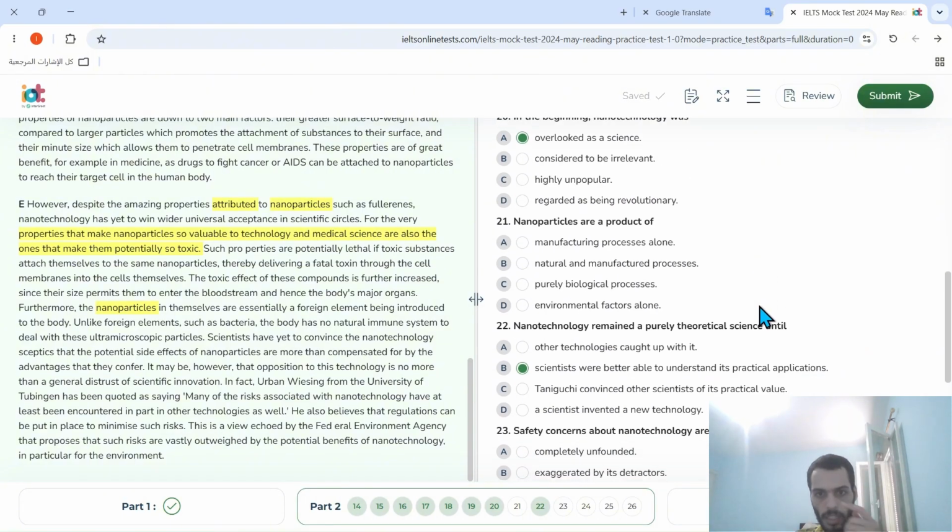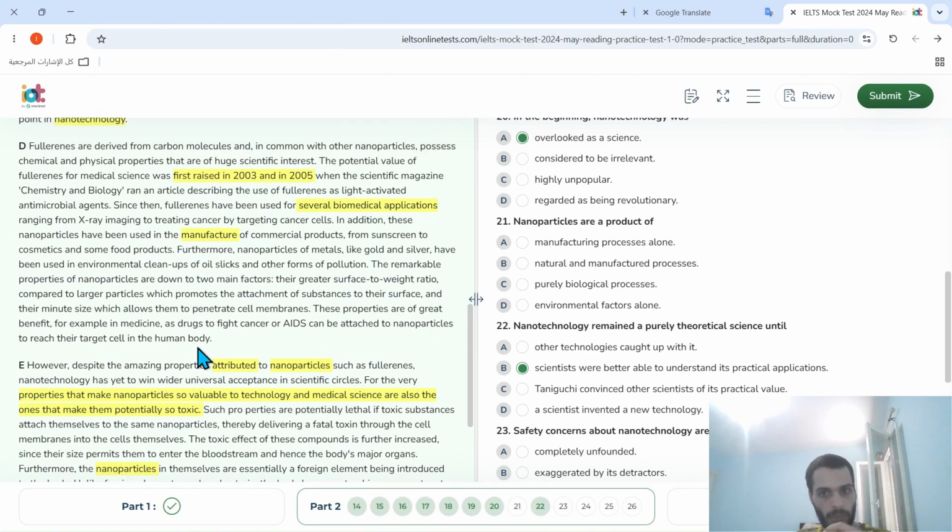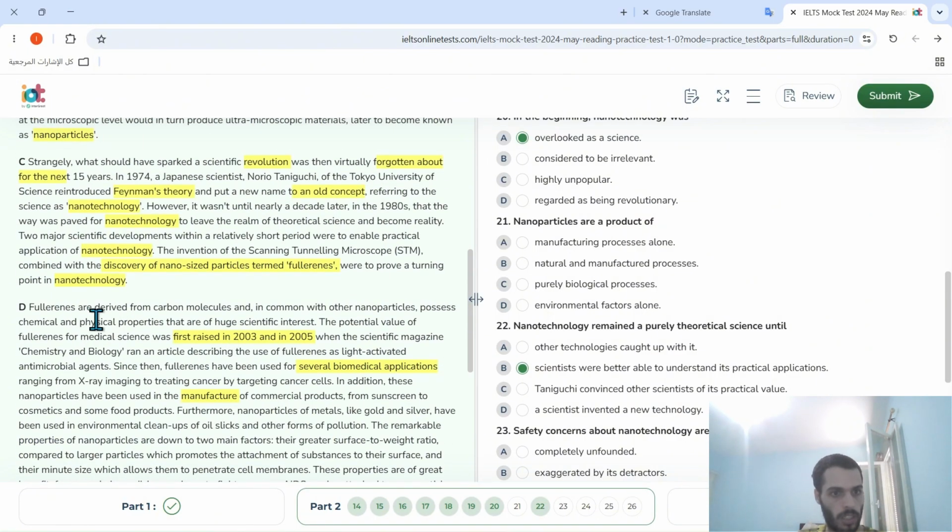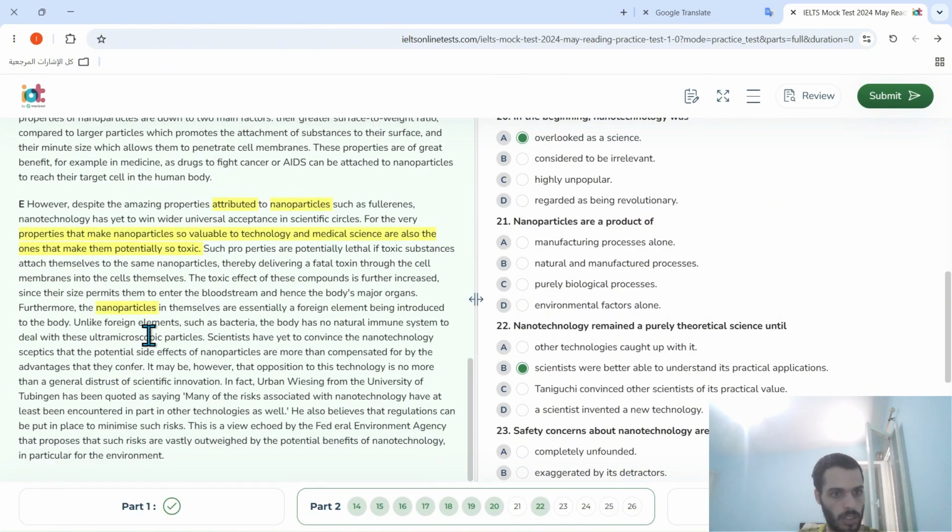Nanoparticles are the product of manufacturing processes alone, natural processes, purely biological processes, environmental factors alone. Nanoparticles being introduced to the body.